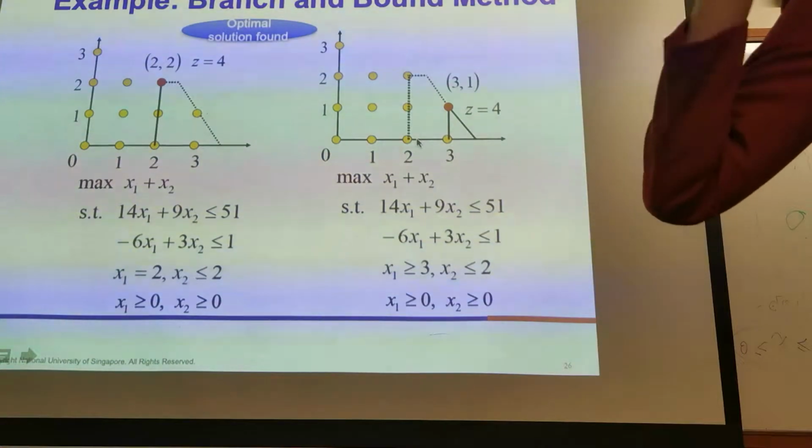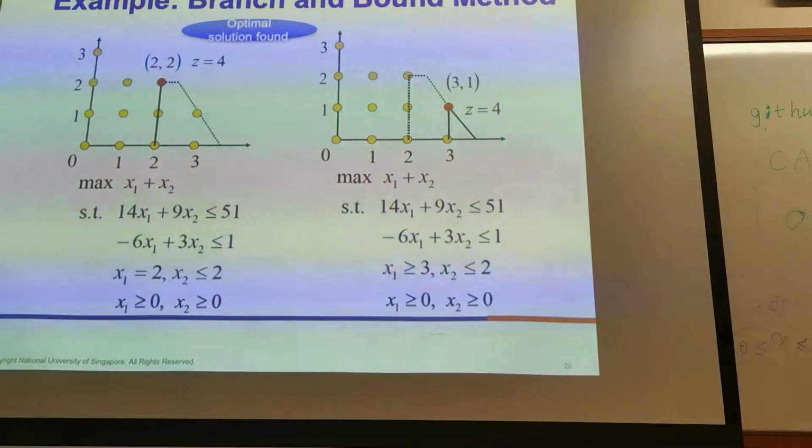So here it only shows one way to cut the tree. You can also cut the tree differently, because in the final calculation you find a way to define x1 and x2. x1 is 2 and x1 larger or equal than 3, and you find both optimal solutions.